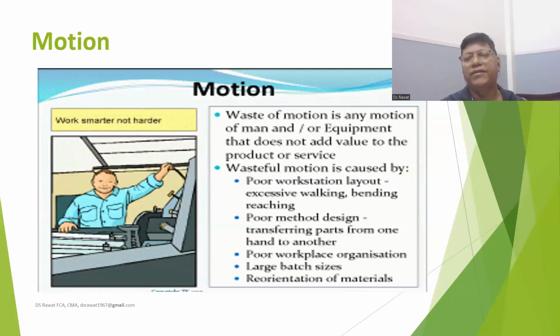I can give you a simple example in the accounting department. There is a CFO. His whole department should sit in front of him. Suppose he wants to talk to the tax persons, and the tax persons are on the next floor. So he has to go to the next floor to meet them. So this is unnecessary movement.